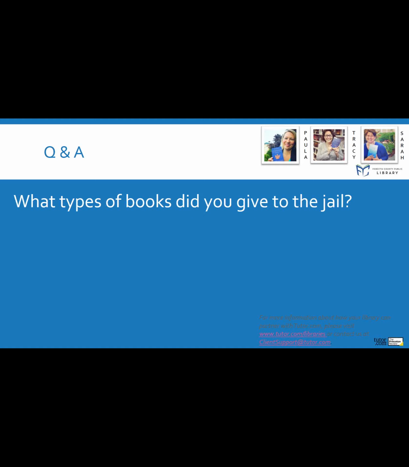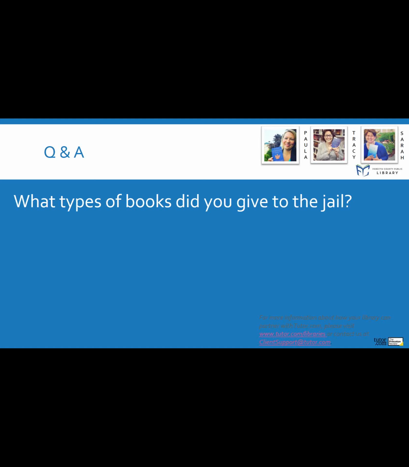Next one. What type of books do you give to the jail? We give them paperbacks only, but it's funny, the same things that pop off the shelf here in our library circulate just as well in the jail. James Patterson can do no wrong.